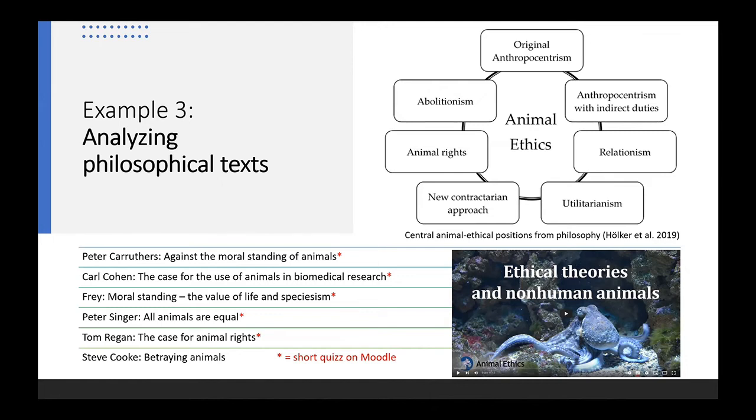And they get a handbook, a short paper, on how to read philosophical texts. And here they are starting to read excerpts, chapters, or philosophical papers which are related to different animal ethics positions or theories.